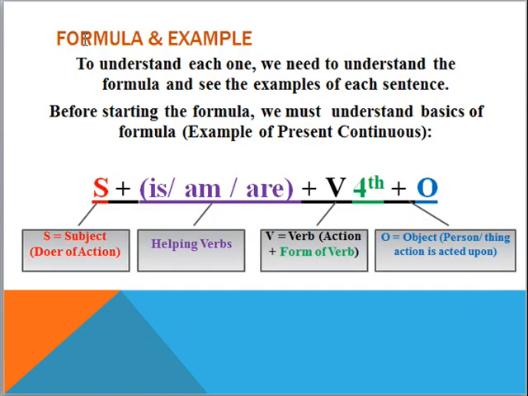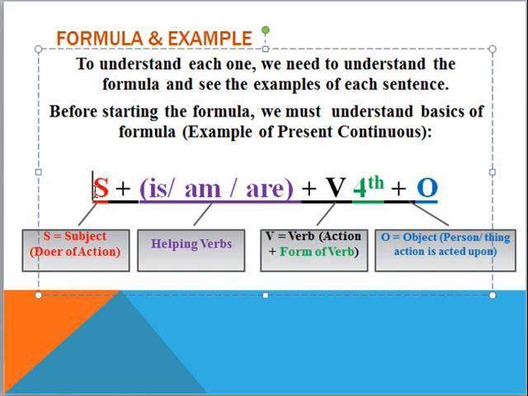Before starting, we have to understand what a formula is. To understand each tense, we need to understand the formula and see examples of each sentence. Here is an example formula of present continuous, and it contains the elements S, which means subject, the doer of action.